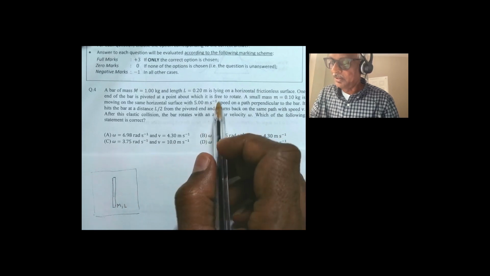I'm looking from the top, and this is the horizontal table, and there is a bar of mass m and length L, and one end of the bar is pivoted, so it can rotate about it.